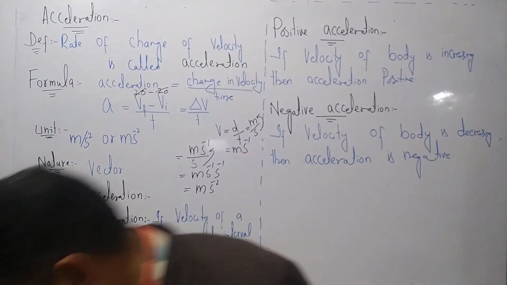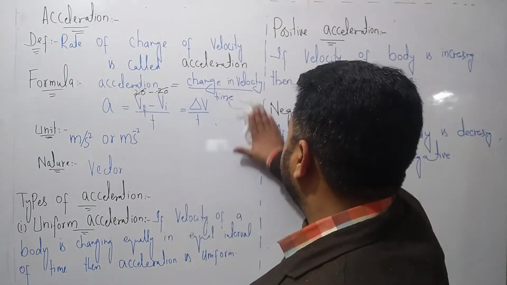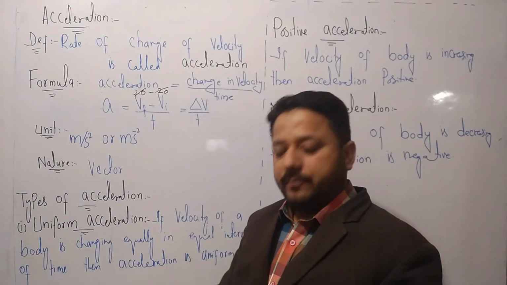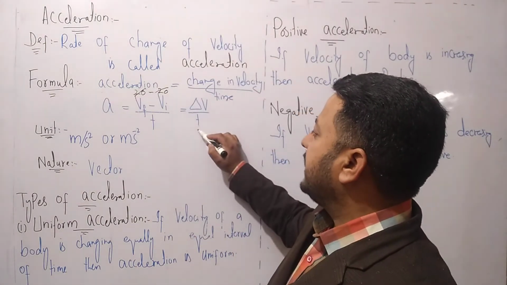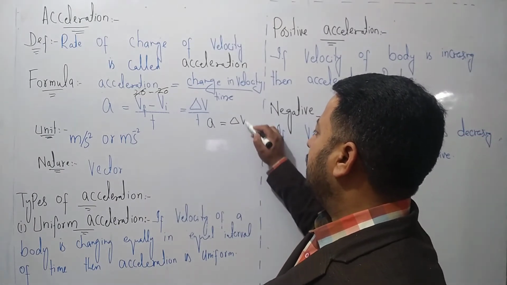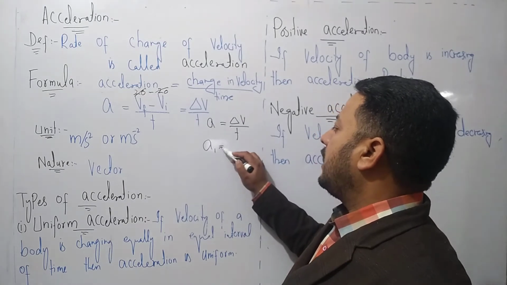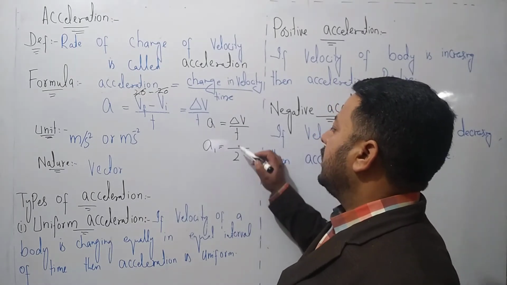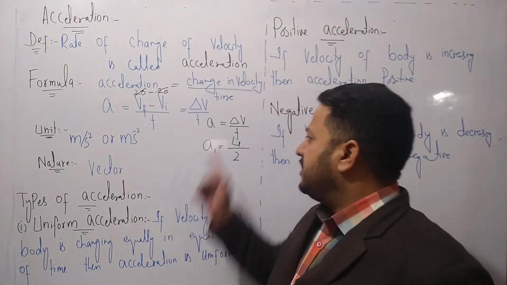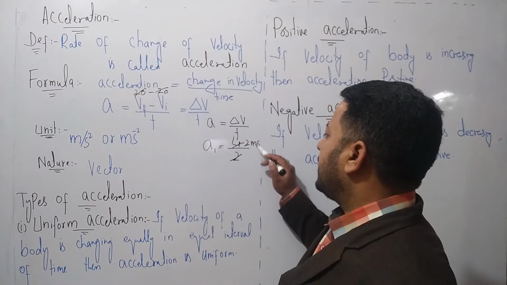Students, I'm giving you an example. How can we say that the velocity of a body is changing equally in equal intervals of time? We know that acceleration is equal to change in velocity over time. For example, in the first 2 seconds, the change in velocity is 4, so we get 2 meter per second square.